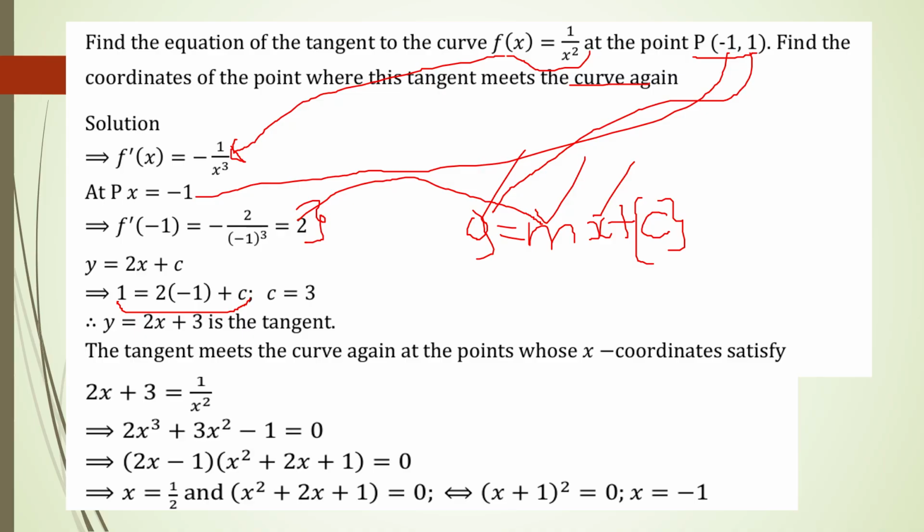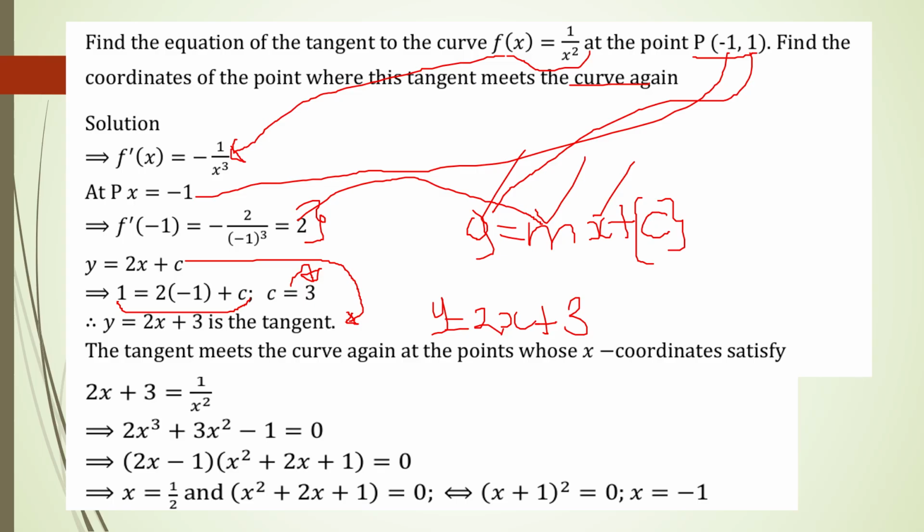If you make c the subject, you end up with c equal to +3. After getting that, we write the equation of the tangent after c has been found, but you don't substitute for y and x. So it's y = 2x + 3, and that's the equation of the tangent.